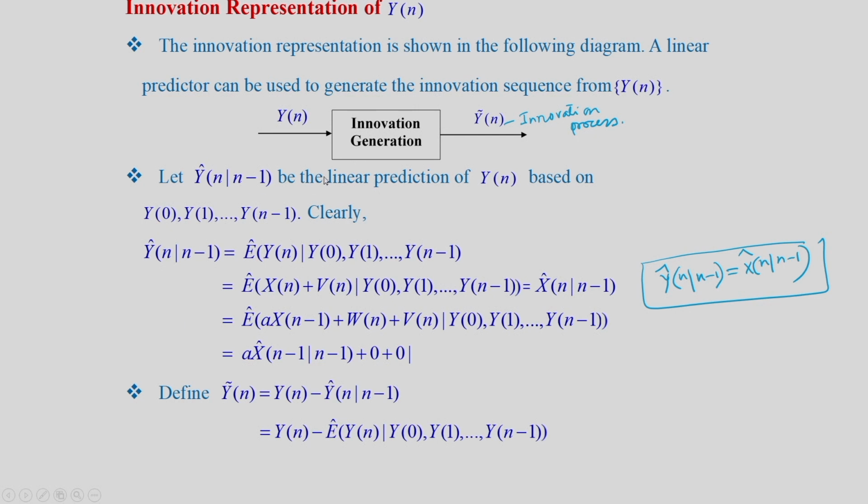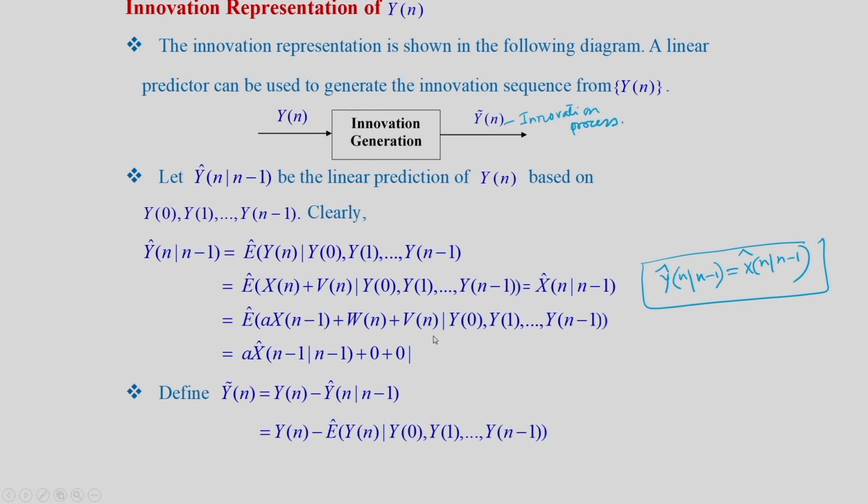Now, we can further write, because xn is a times xn minus 1 plus wn and vn is vn only, this will be E cap of a times x of n minus 1 plus wn plus vn given data y0, y1 up to yn minus 1. And this quantity involves the estimator for x of n minus 1.